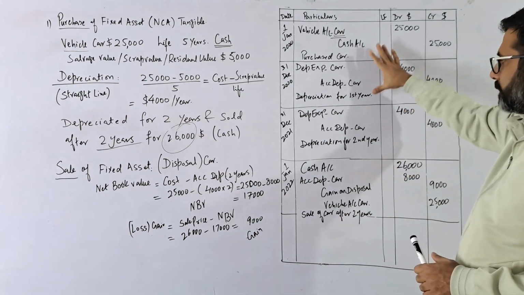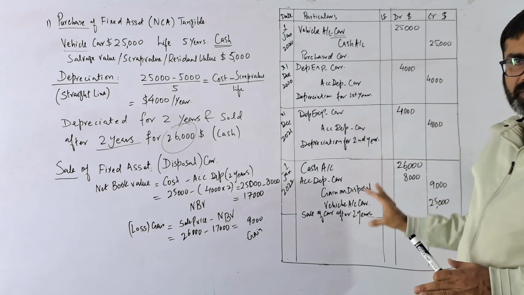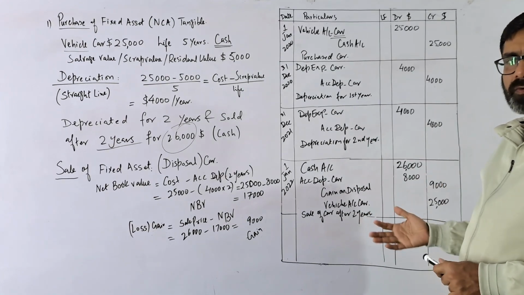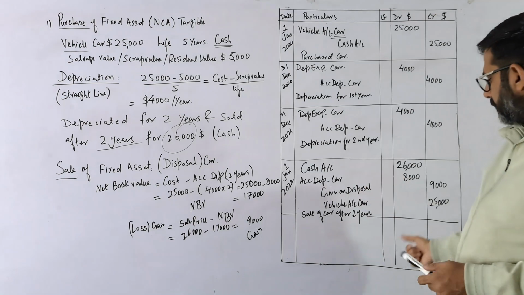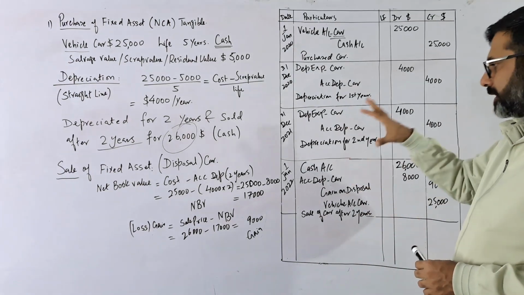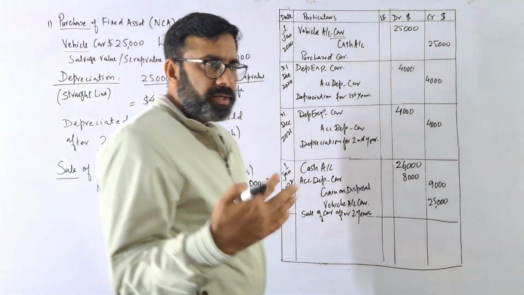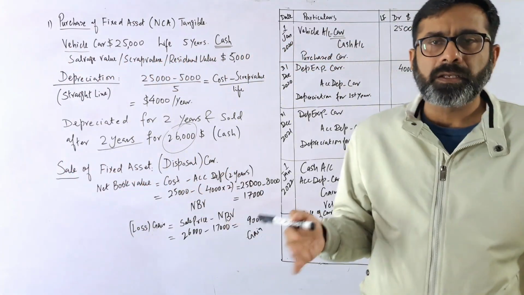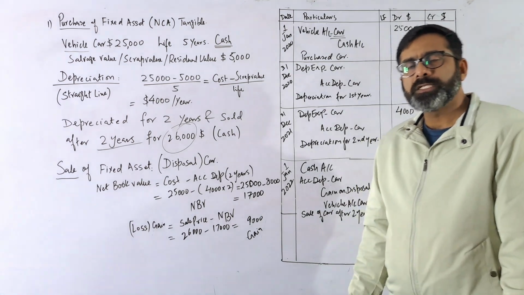So we have the same 3 transactions, only difference will be instead of the loss of 1,000 or any other amount, we have a gain on this transaction of 9,000. So in this way, we will record the purchase of the fixed asset, then the depreciation for 1 year, 2 year, 3 year, or it depends on after how many years the asset is disposed of.